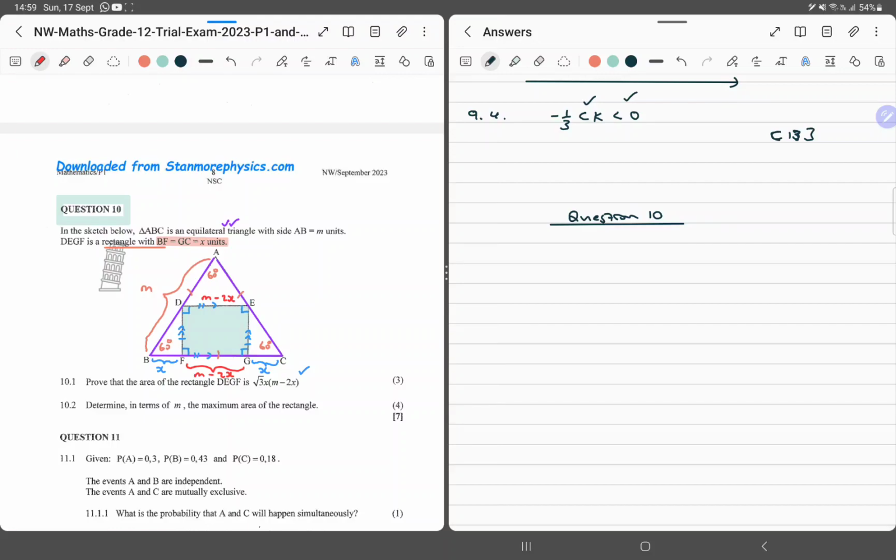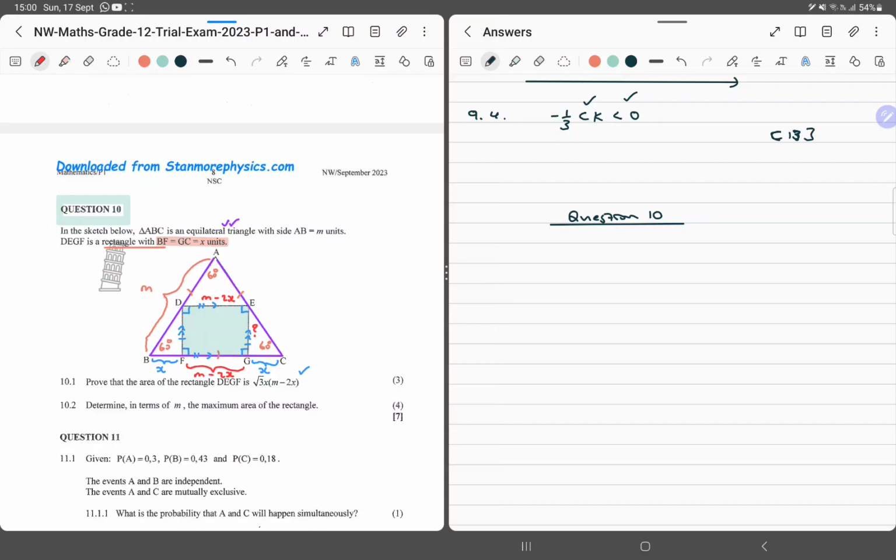Great. Now, the other thing we need to find the area of a rectangle is to find that distance. What is that distance? That is EG or DF. This is just the task that we need to do.